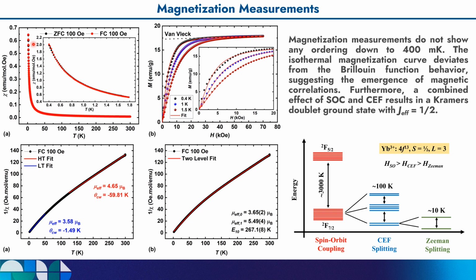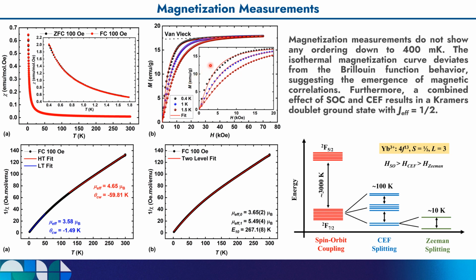Coming to its magnetic properties, we have done the magnetization measurements down to 400 millikelvin, and we didn't see any magnetic anomaly which may show long range magnetic ordering. Further, we have done isothermal magnetization measurements at different temperatures, the lowest is 400 millikelvin.